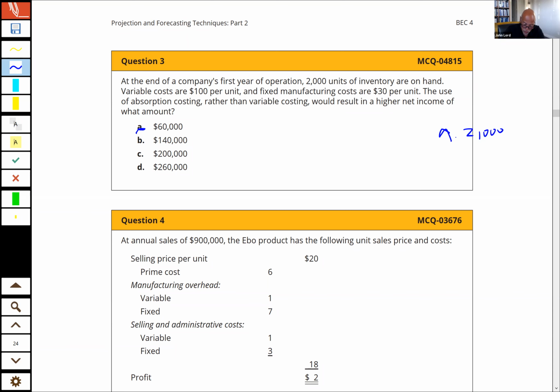Since my inventory went up, when you look at this question, they're asking me about absorption versus variable. And they told me that the use of absorption rather than variable would have a higher net income. Knowing that it's going to be higher isn't that helpful at this point because they just give me numbers that would be higher.